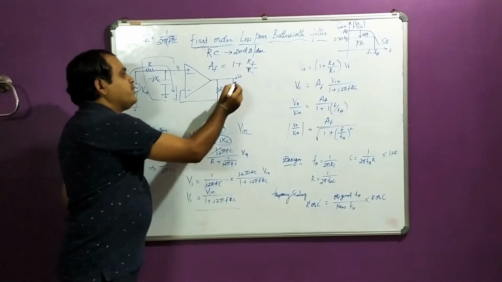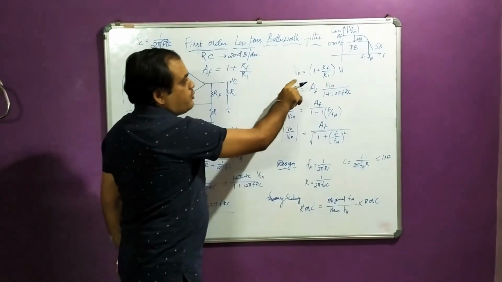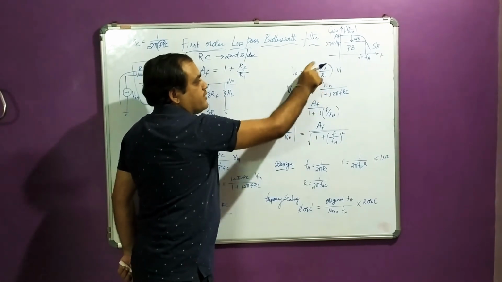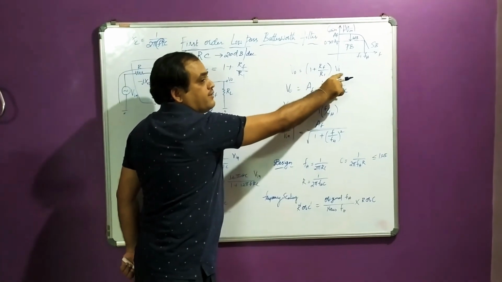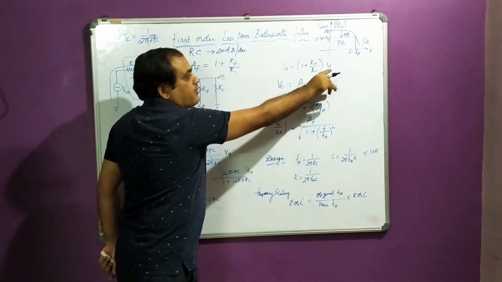Now what is going to be available at the output side? Since it is a non-inverting amplifier, the output is given as AF, that is the closed loop gain, multiplied with V1. We know that gain is 1 plus RF by R1, multiplied with V1.